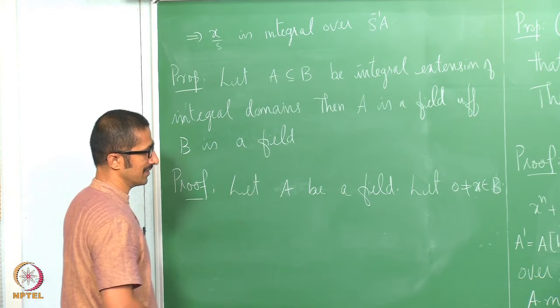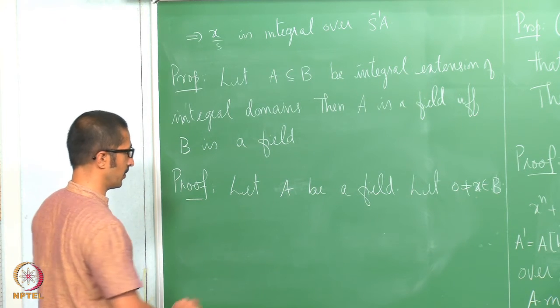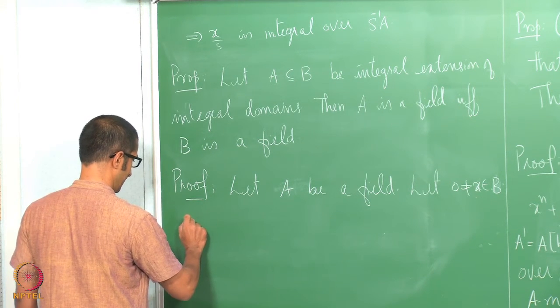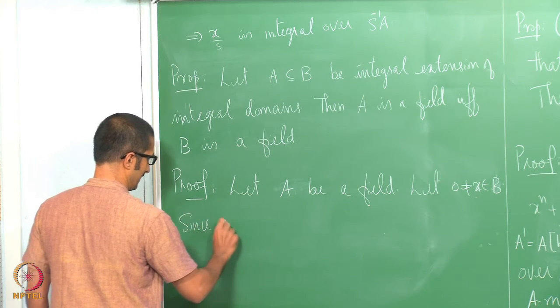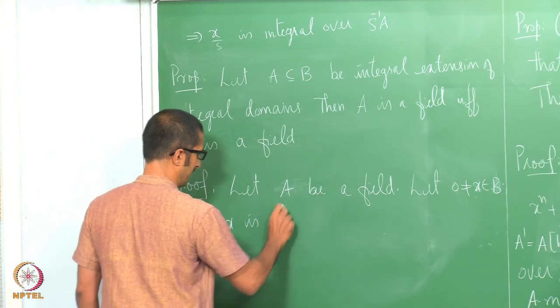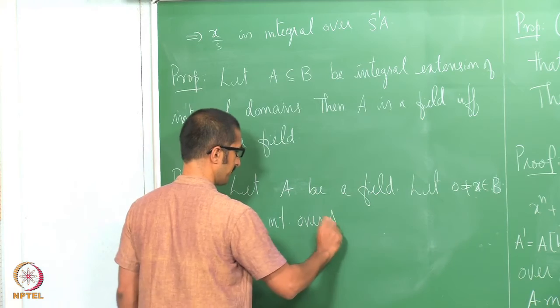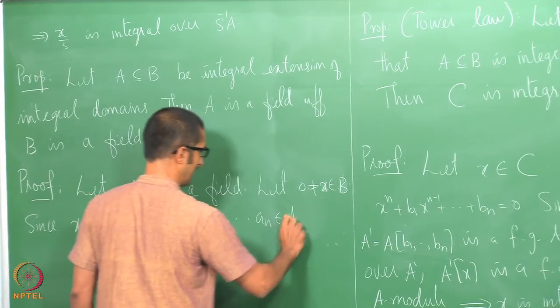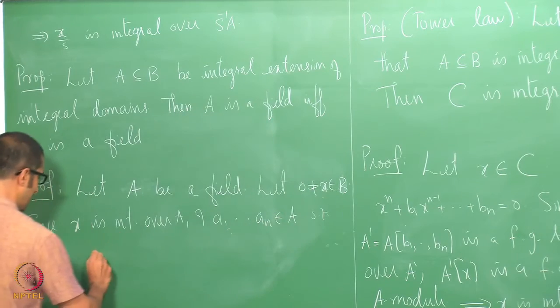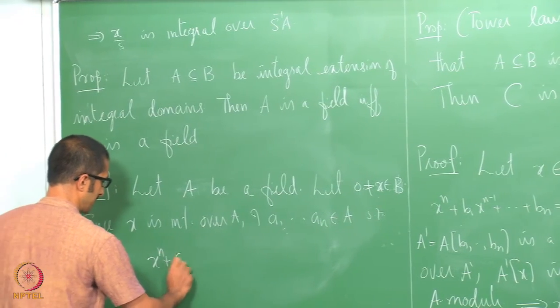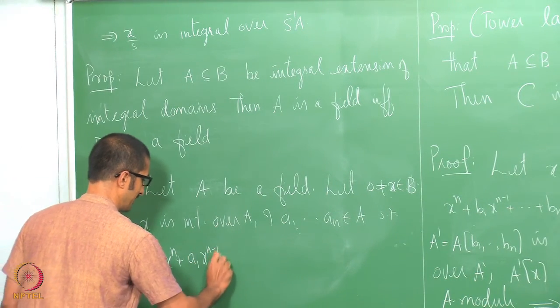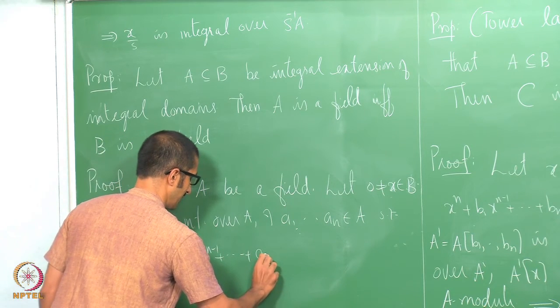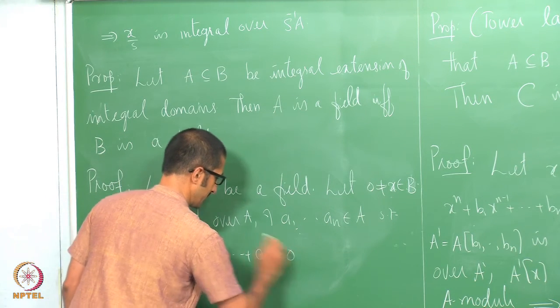Now, x is integral over A, so there exist a1 up to an in A such that x power n plus a1 x power n minus 1 plus etcetera an equal to 0.